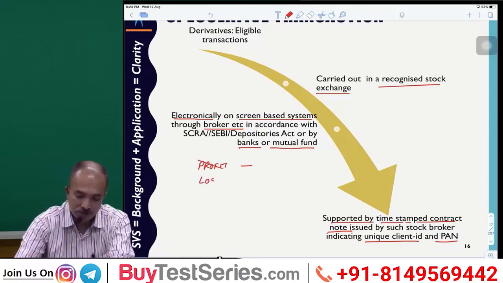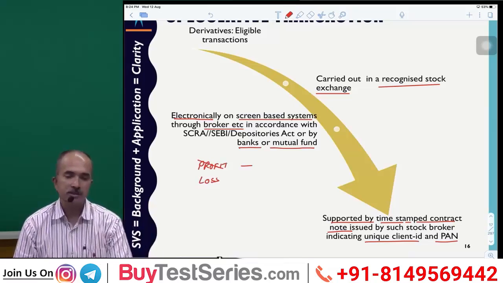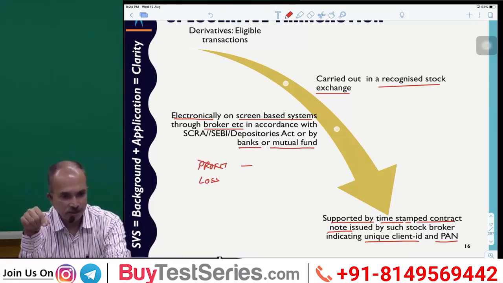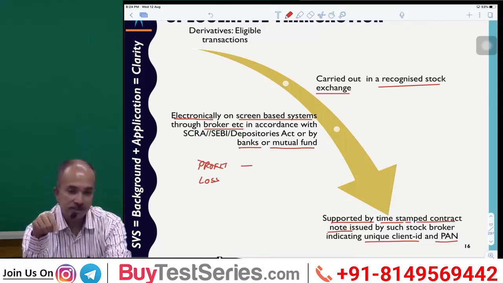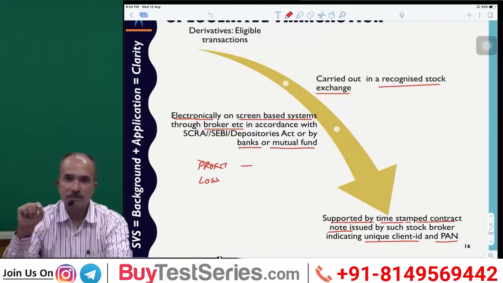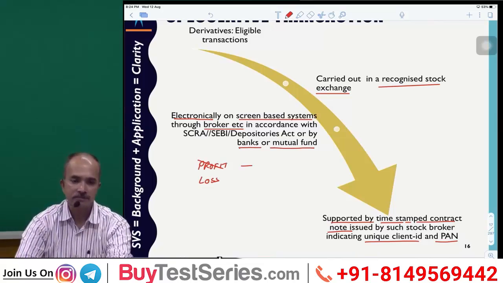Problem is in loss. If there is a speculation loss, chapter 6 of income tax, which deals with set off of losses, says speculative loss cannot be set off against normal business income. तो normal business income के against आप speculative loss set off नहीं कर सकते.